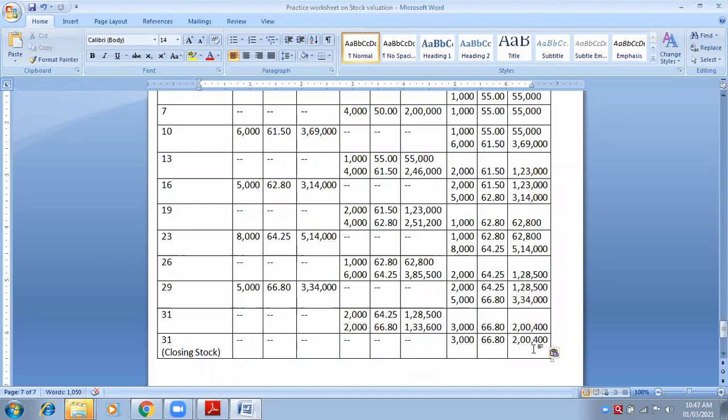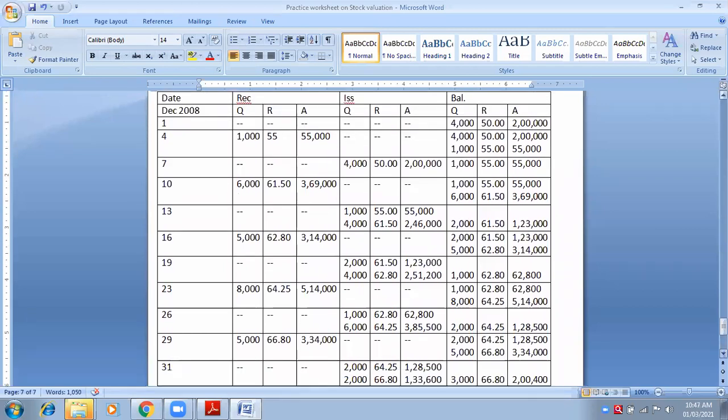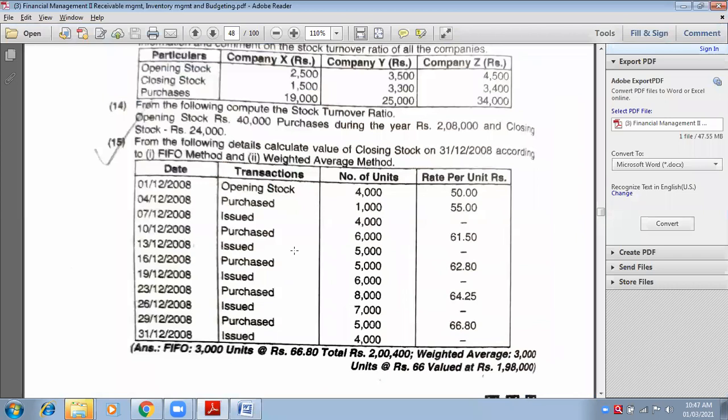Have you completed this solution part? Okay. So in the next lecture, hopefully, we are going to complete this inventory management chapter. Inventory management is the biggest chapter I have in financial management, because we have 4 different parts.